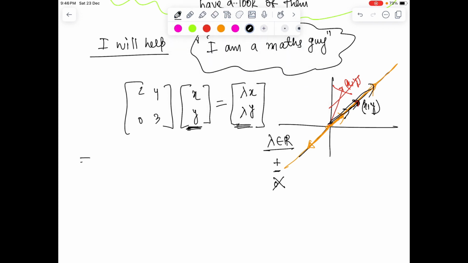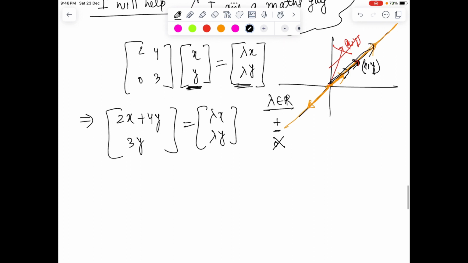So this I can write in a very simple way: 2x plus 4y, and the other multiplication is just 3y. That must equal lambda x and lambda y.